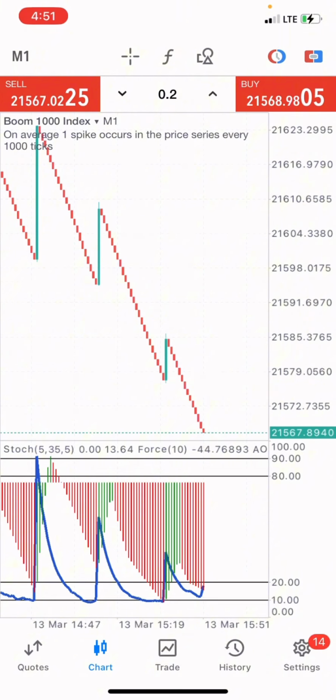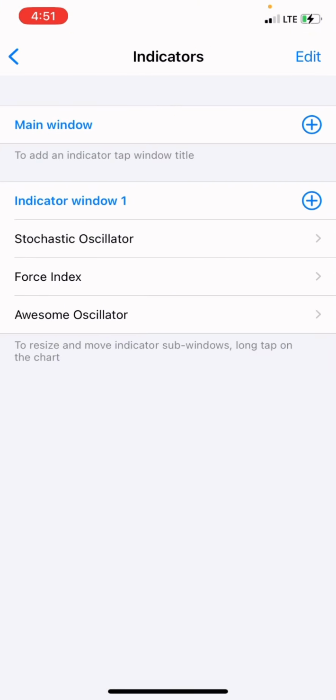Okay, so quickly, let's go to the indicators. Let's set up the indicators. So we have the stochastic oscillator. This indicator will help us detect areas where price is overbought or oversold. Basically it is an indicator that will detect trend reversal points for us. The second indicator is also an oscillator, and it does the same thing.